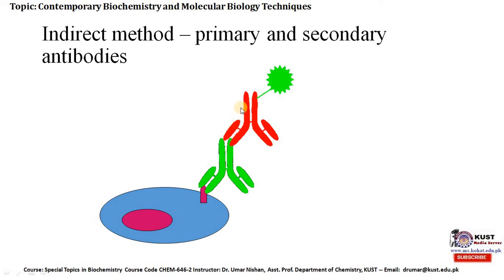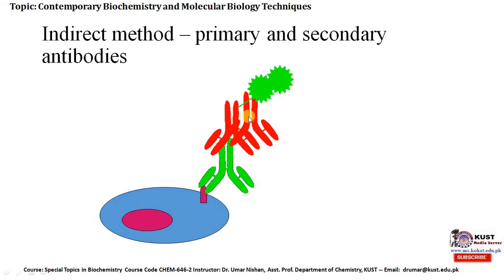And when we apply the secondary antibody, the secondary antibodies are specific to the primary antibody. It means that the secondary antibodies are able to attach to the primary antibody, and they have this fluorescent material attached to them. Using secondary antibodies is useful in another way: it helps in increasing the signal intensity.